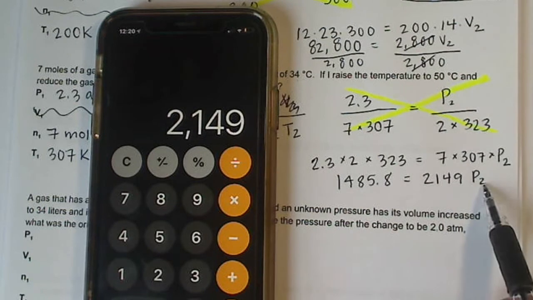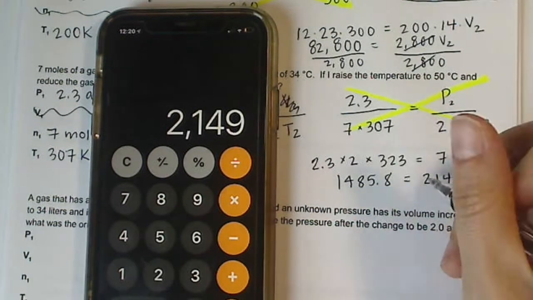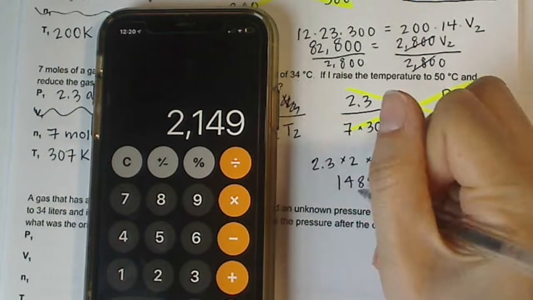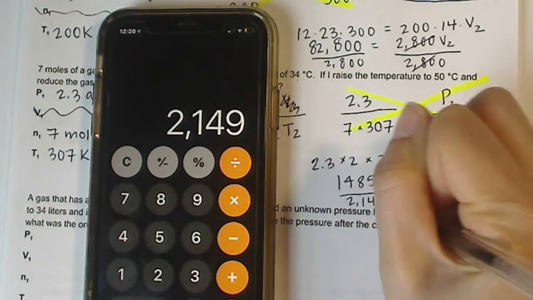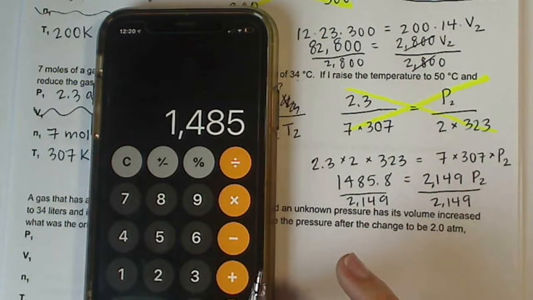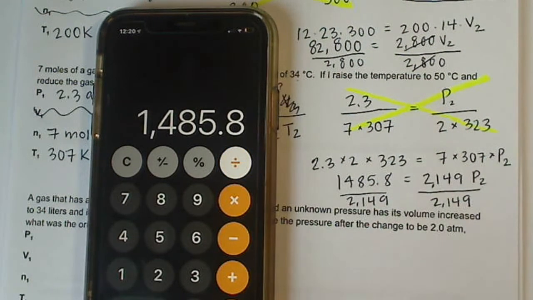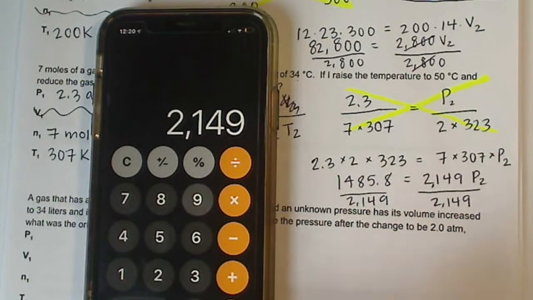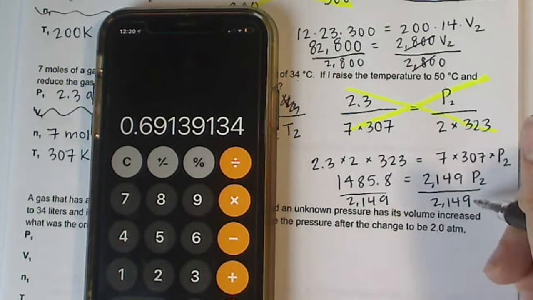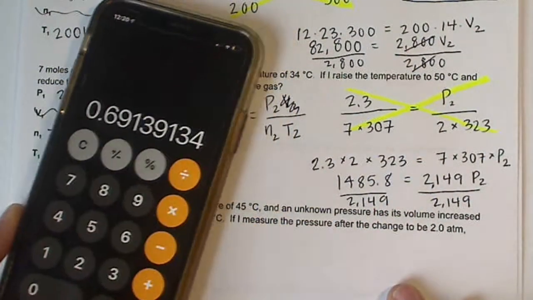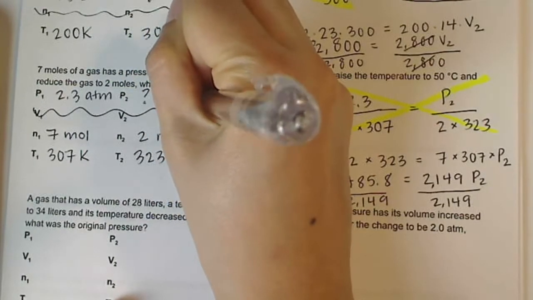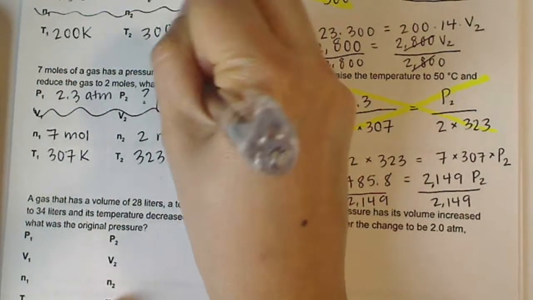And now to get pressure by itself, I'm going to divide this 2,149 to each side. So we're going to have 1485.8 divided by 2149. That gives me 0.69 is my final pressure. So my P2 is going to be 0.69 ATMs. That's what I just solved for.